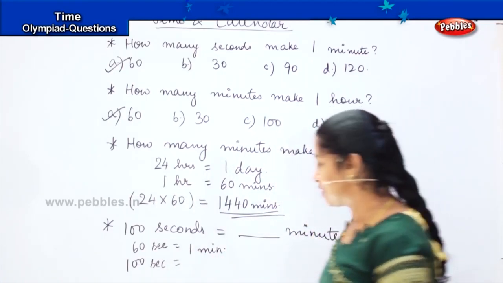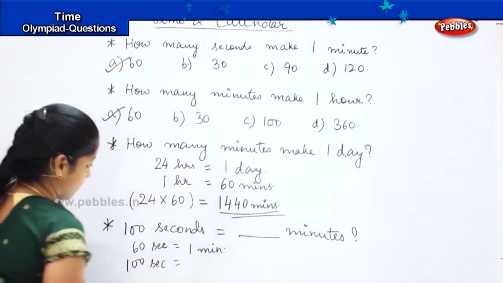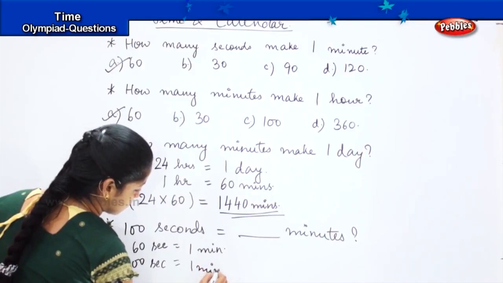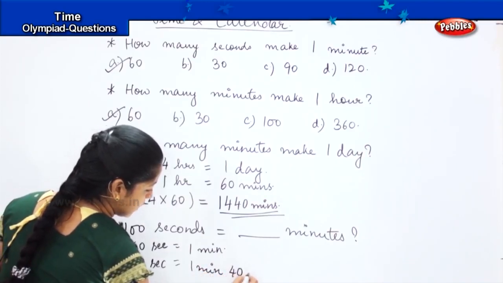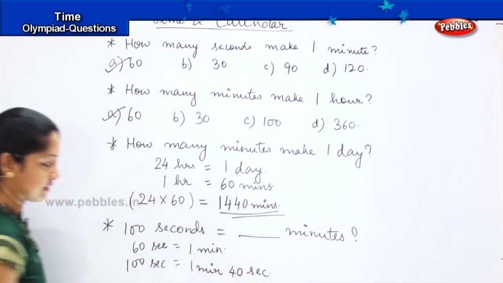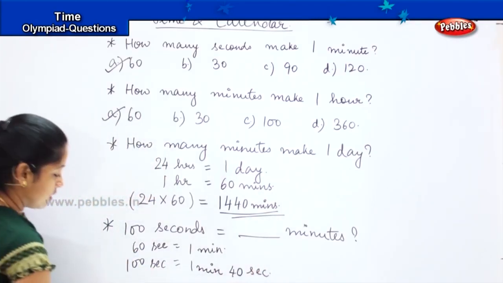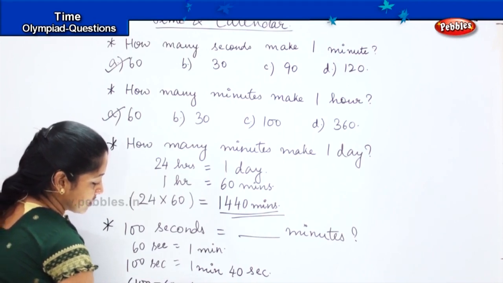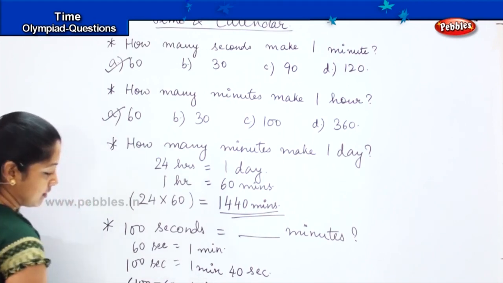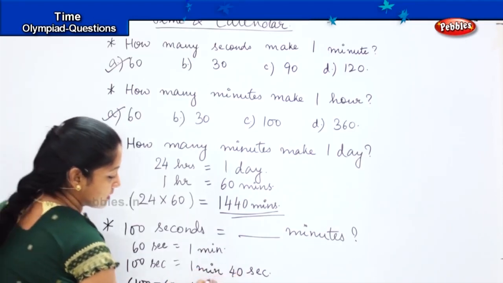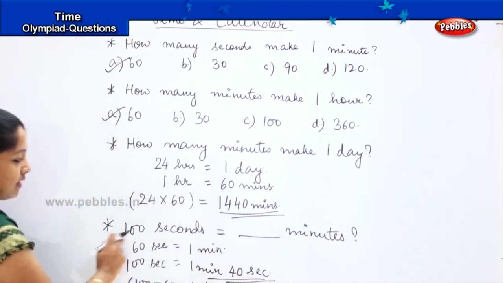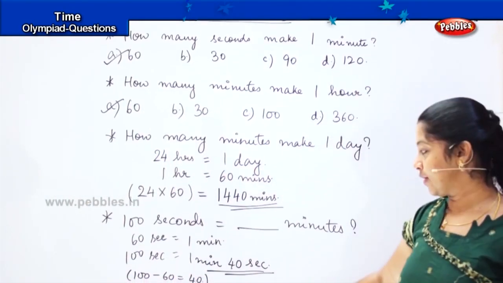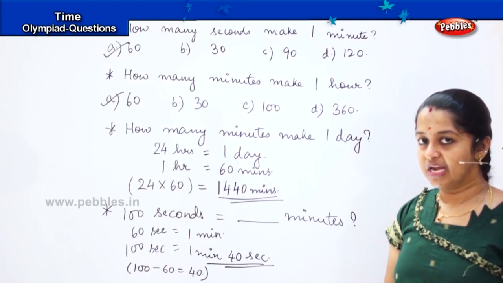You have 40 seconds more, right? So it will be 1 minute and 40 seconds, because 100 minus 60 is 40. So you have 1 minute and 40 seconds in 100 seconds. Is it clear? Are you clear with this pattern? Shall we move further?